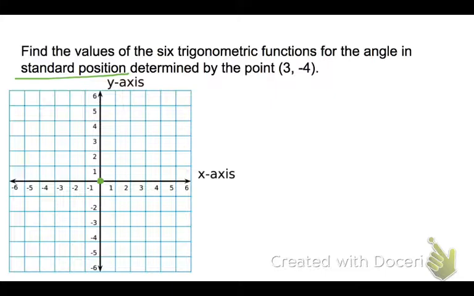And then I'm going to move out to whatever point they indicate. So for this particular question, I want to go to the point 3, negative 4. So I'm going to start with one vertex at the origin, and my other vertex is going to be at the point 3, -4.